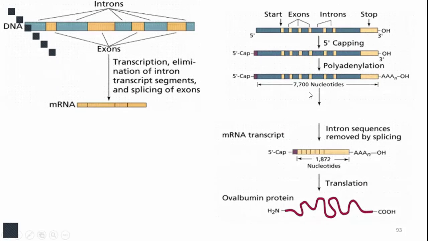Now, when this is actually eventually transcribed, what do you get to see? So now look at it. Look at the length of your gene from the beginning, and then look at the length of your gene after the transcript is actually produced. And this transcript will eventually be translated into the sequence of amino acids.